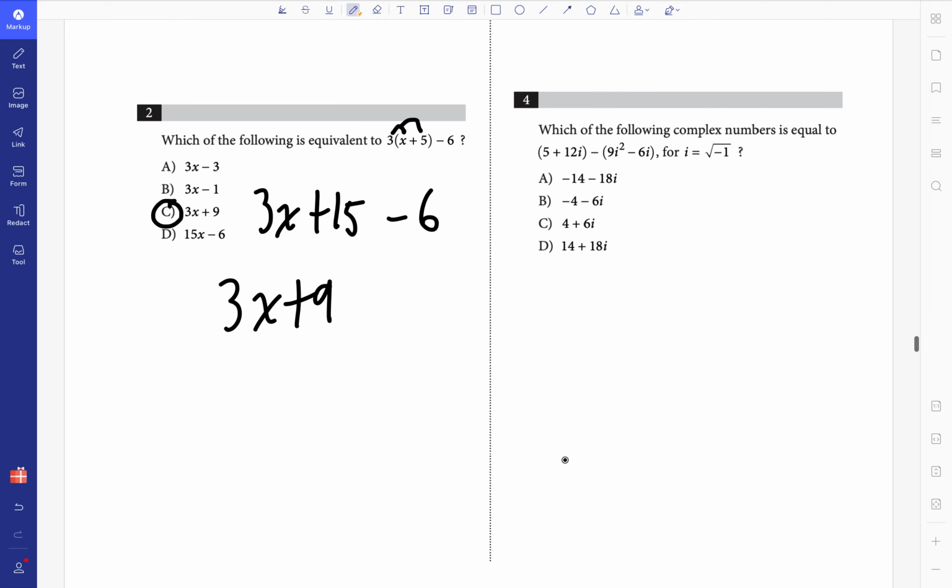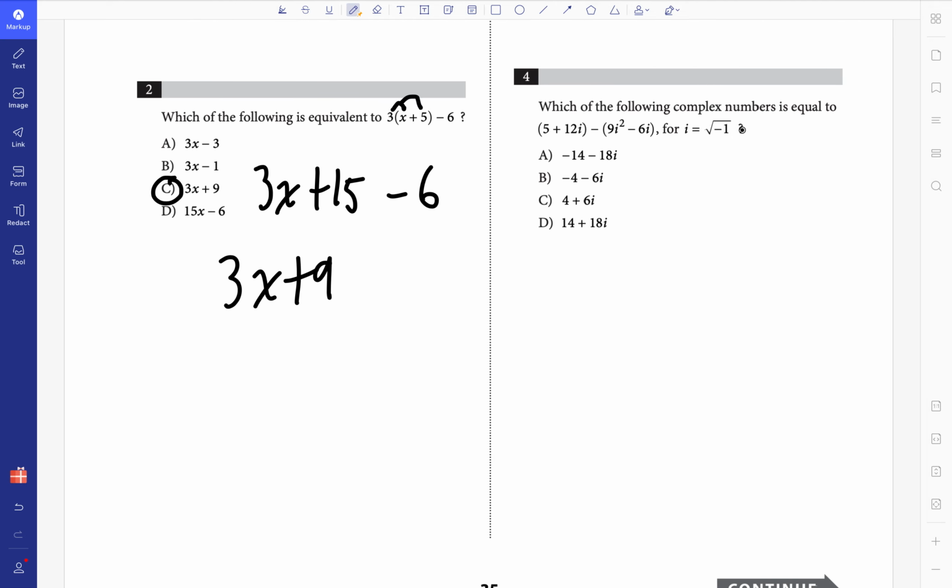Now, which of the following complex numbers is equal to this, where i equals the square root of negative 1? I'm not going to lie, when I first saw this, I was intimidated by it, because I hadn't reviewed or studied complex numbers in a while, but it really is simple once you break it down. Although these are complex numbers, let's just treat it normally.